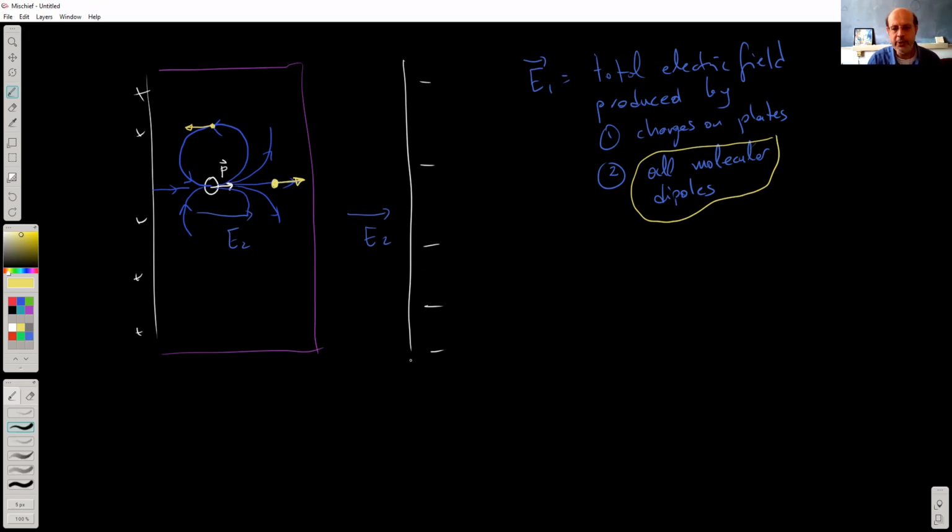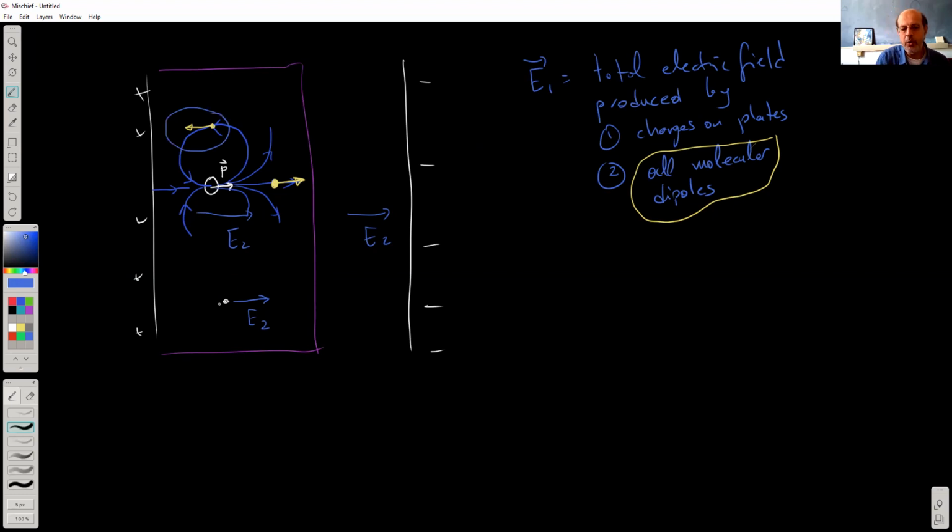So I need to somehow solve this problem. Just take a point in here. I know that there's an electric field produced by the free charges at that point. I also know that all the dipoles produce an electric field in here, but these are all in different directions. Somehow I need to add them up. When I add them up, it appears that the electric fields in the opposite direction somehow become dominant.